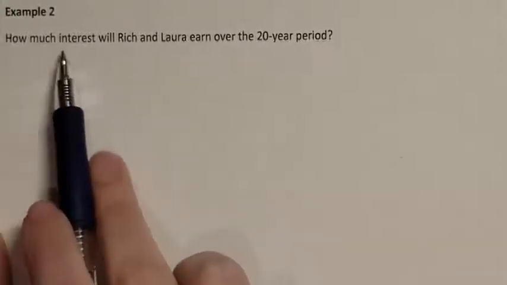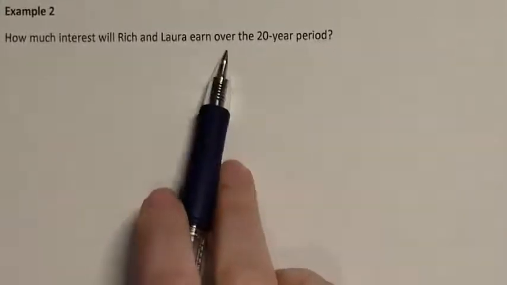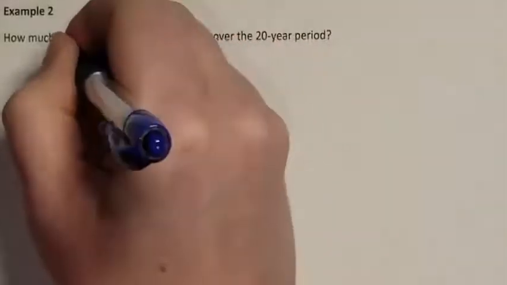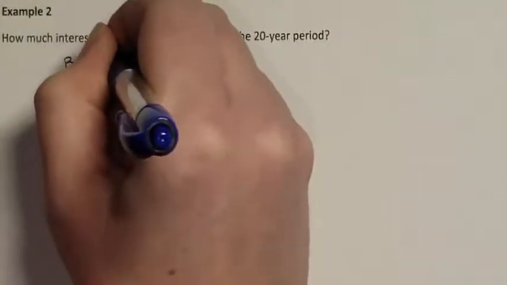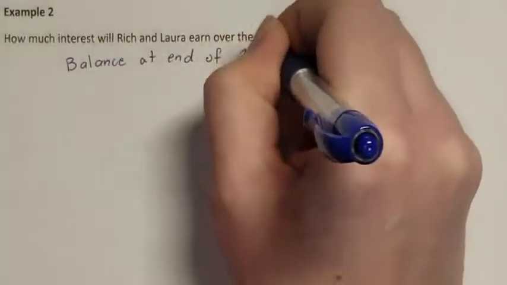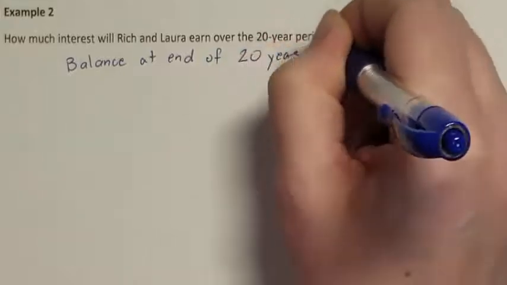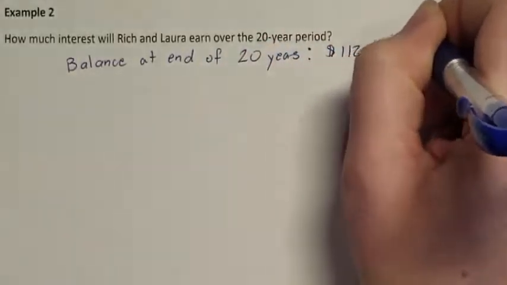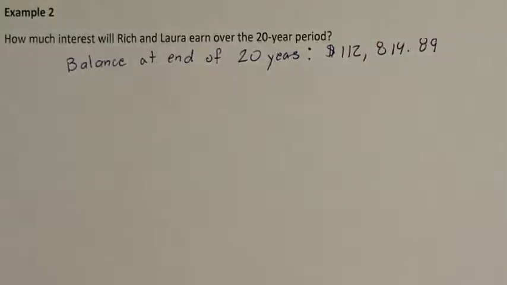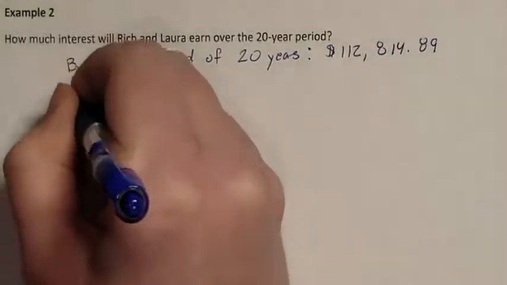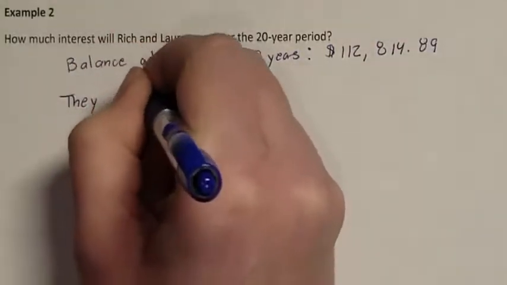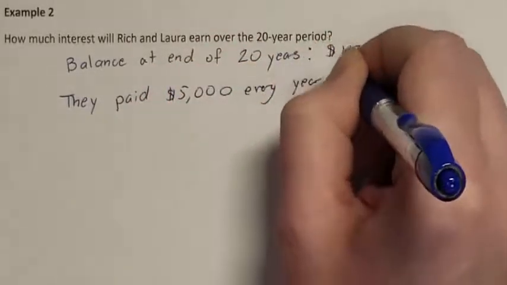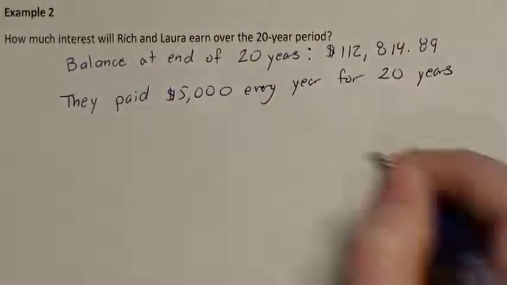Example 2. How much interest will Rich and Laura earn over the 20-year period? So according to our problems, their balance at the end of the 20 years was $112,814.89. We know that they put in $5,000 every year for 20 years. So how much did they actually put in?